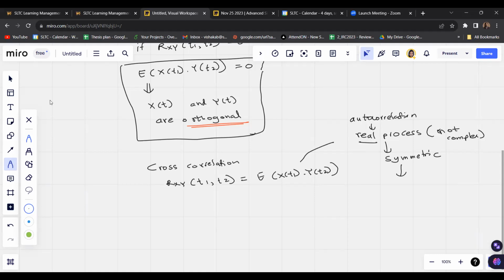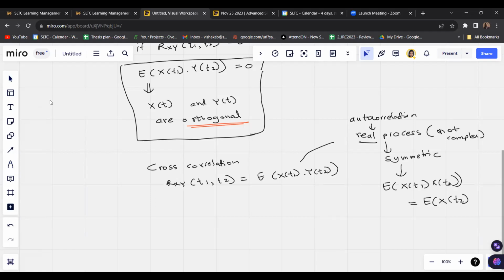If the autocorrelation function is symmetric, it means that xt1 and xt2, if we take autocorrelation, it should be the same signal we are considering, and they are interchangeable. The order of doing the multiplication can be interchanged, right? So we can say that E[xt1 xt2] is equal to E[xt2 xt1].